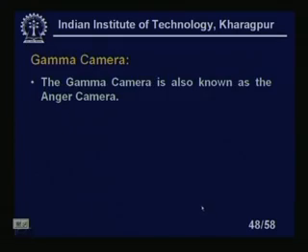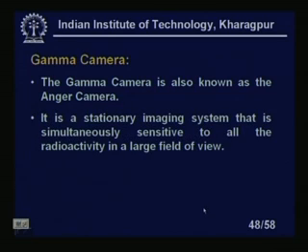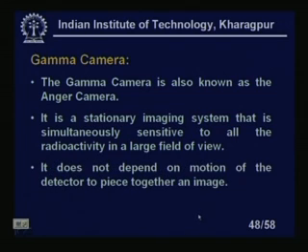Now, the gamma camera is also known as the Anger camera. It is a stationary imaging system that is simultaneously sensitive to all the radioactivity in a large field of view. It does not depend on the motion of the detector to piece together an image.